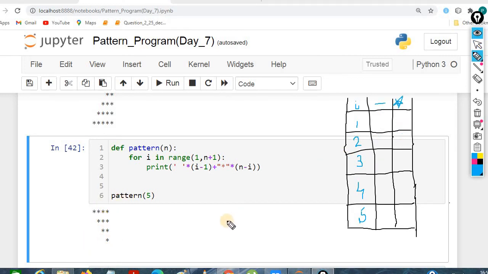In this we are going to see the spaces and the stars again. For space we are getting i minus 1. For the first iteration i minus 1 would be 0. For the second iteration it would be 1. 1 space we require, and for the next iteration 2.